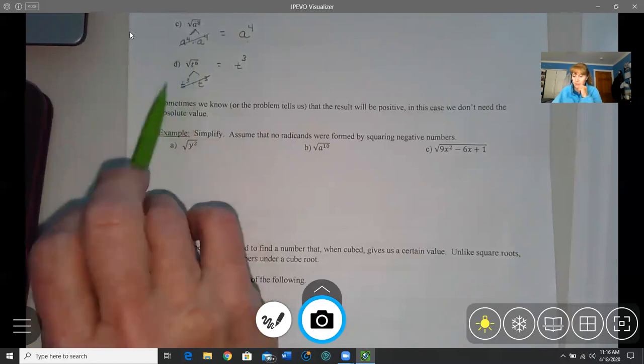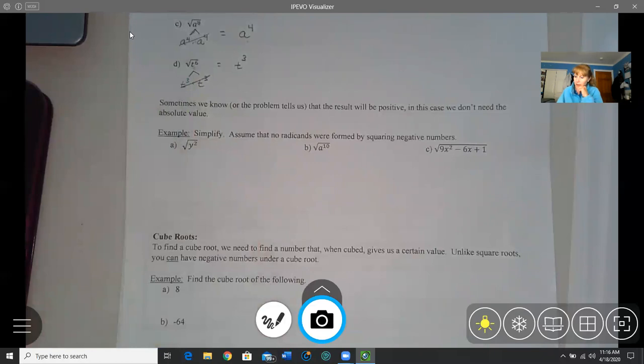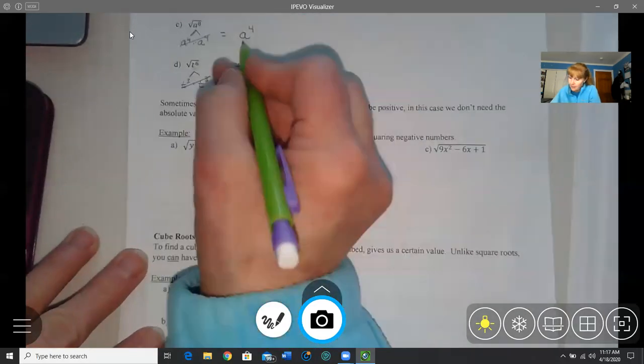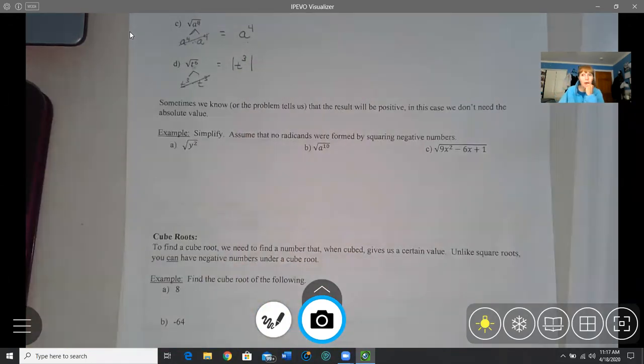It has to be positive inside to find the square root. But t cubed itself could be negative, because this is odd, so you do need the absolute values. All right. So, we'll kind of keep looking at that idea.